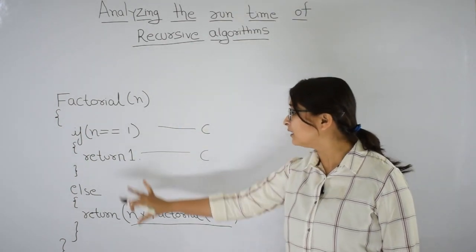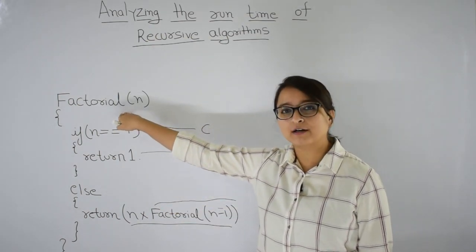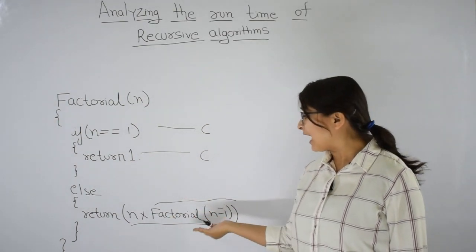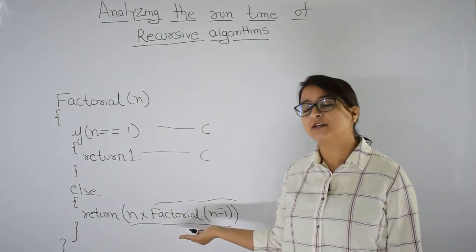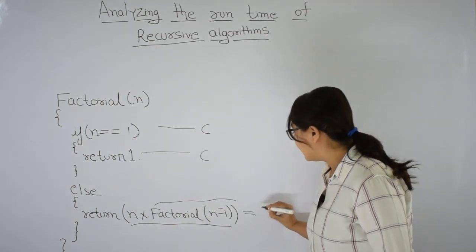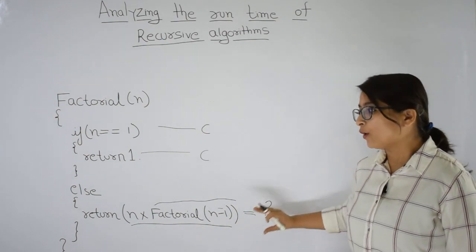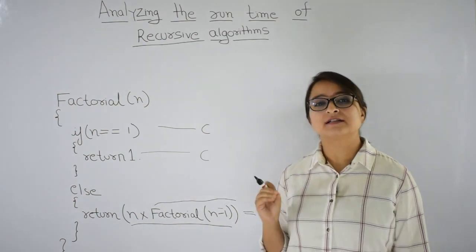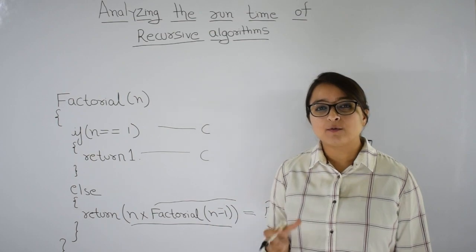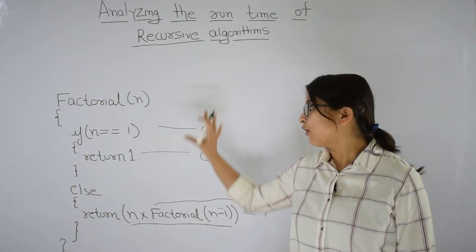What we are doing here is calculating the runtime of this algorithm, which we have named factorial, and it is making a call to itself with a different input size, but we do not yet know the runtime complexity of factorial in terms of the input size. So, how can we write the amount of time taken by this step? It is very difficult. So, we write a recurrence relation. We write it in the form of an equation, and then we try to solve that equation to find the runtime of such algorithms.